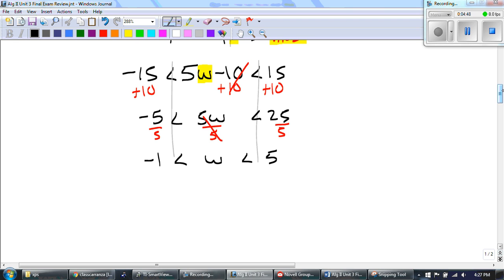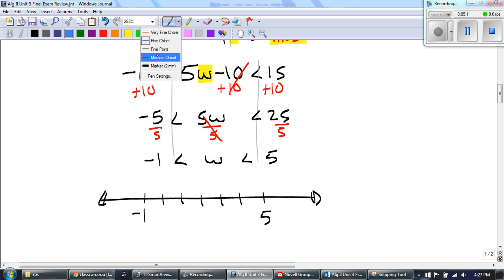Now, it wants us to do interval notation. And it might be hard to do interval notation if you don't see the graph. So if I have negative 1 over here, and there's 0, 1, 2, 3, 4, and there's 5, at negative 1 I would be open. At 5, I would be open.